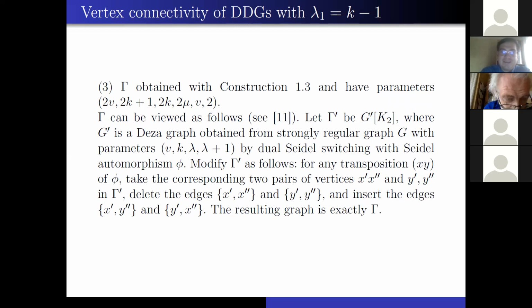Let us modify gamma prime as follows. For any transposition xy of phi, take the corresponding two pairs of vertices x', x2' and y', y2' in gamma prime, delete the edges x'x2' and y'y2', and set the edges x'y2' and y'x2'. The resulting graph is exactly gamma.